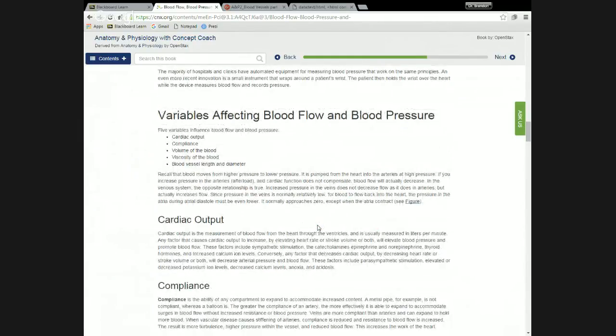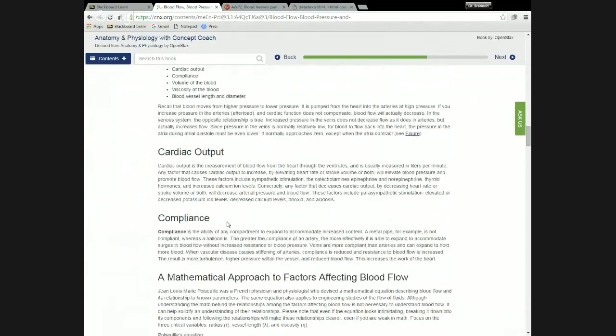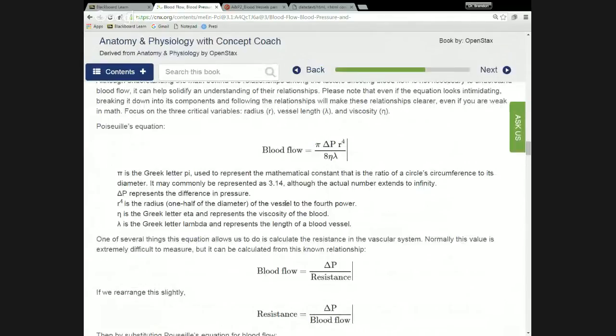So now we want to consider the things that affect blood flow. Here they define some concepts that lead into it, but actually I want to concentrate on what this part says here. So I don't want to scare you so much with this rather complicated looking formula here, but I do want you to understand what this is talking about.